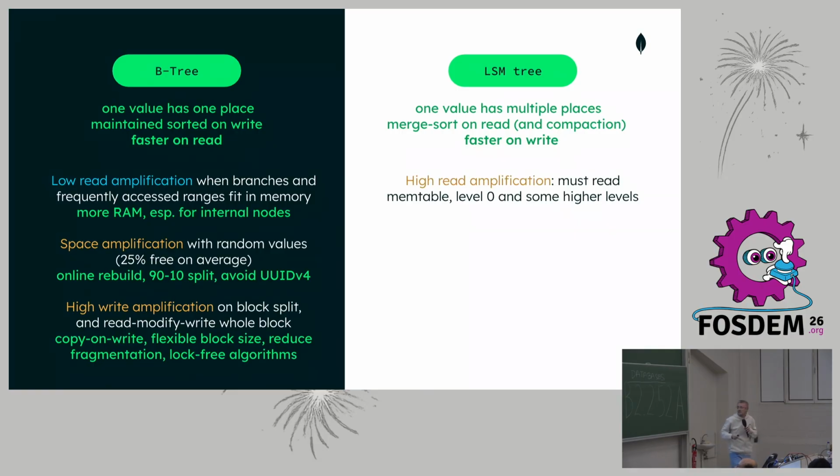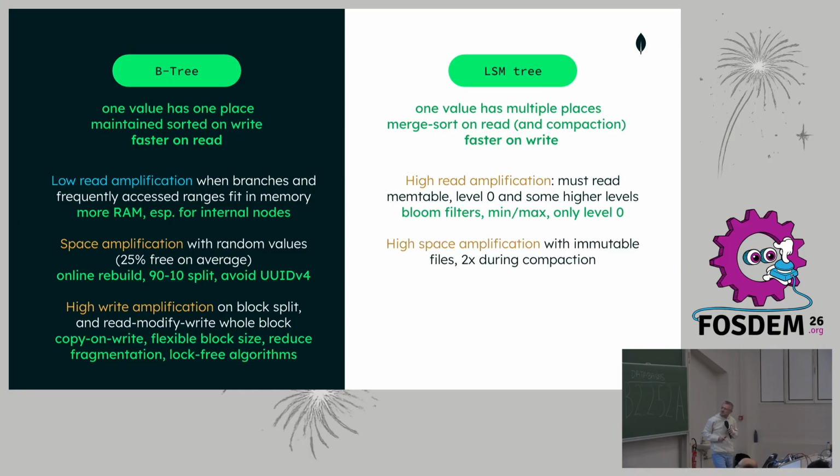And also LSM-trees have their own optimization. As I mentioned, the read amplification with Bloom filter, min-max. Also, WiredTiger decided to use only one level of the LSM tree to optimize the read and the compaction.